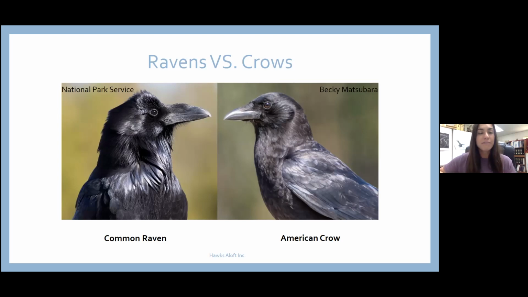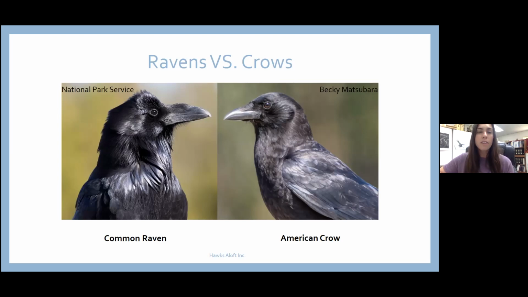So for behavior differences, a good thing to notice is where the bird is. Common ravens are a little more aloof and they don't really like to be in highly populated human areas. Whereas crows are very readily using human habitats like cities because there's lots and lots of food where there's lots and lots of humans.